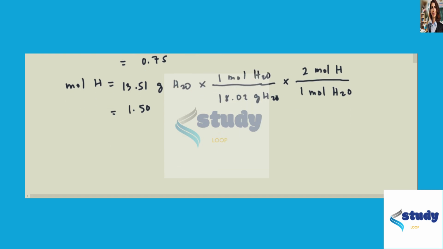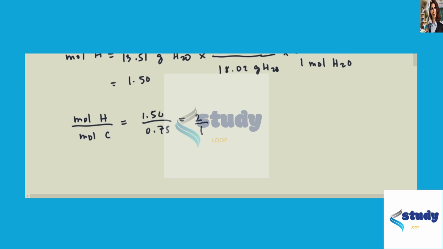So the hydrocarbon contains 0.75 moles of carbon for 1.5 moles of hydrogen. So we will take the mole ratio of hydrogen and carbon. So that's 1.5 over 0.75, or that's 2 over 1.